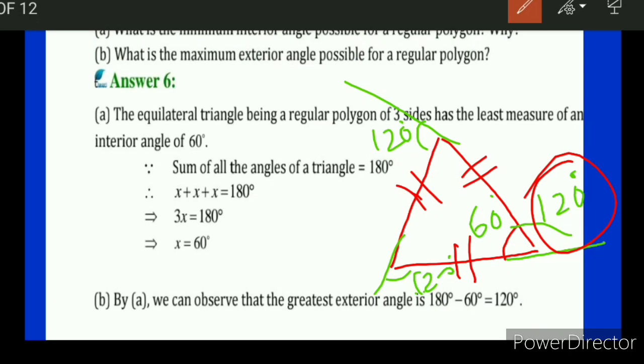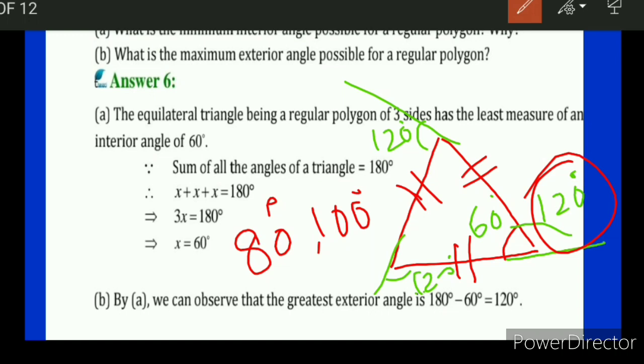If you increase the interior angle, the exterior angle measure should decrease, then only can we compensate to 180 degrees. For example, instead of 60 degrees, you take the interior angle as 80. How much will the exterior angle be? 100 degrees. Their sum should be 180. So the 120 automatically reduced to 100 degrees.